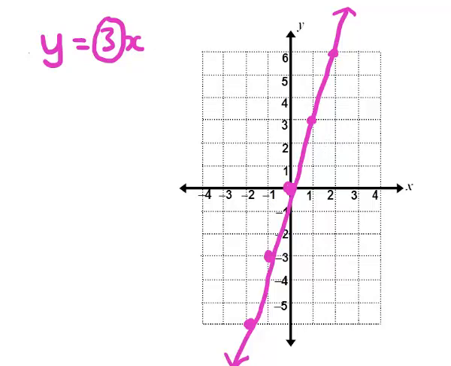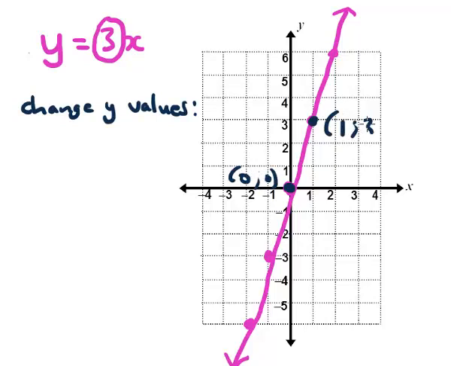Well, very simply, I want to show you something that's very, very cool. I want you to look at this. If you take those 2 points there, now watch this. How do the y values change? Let's have a look at that. Well, the y values go from 0, remember this is the point 0, 0, and this is the point 1, 3.